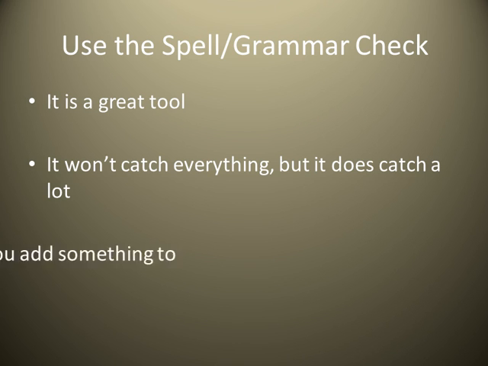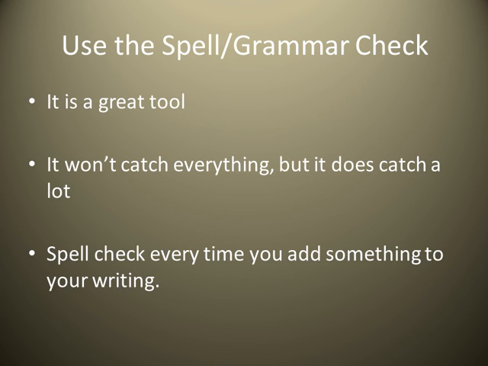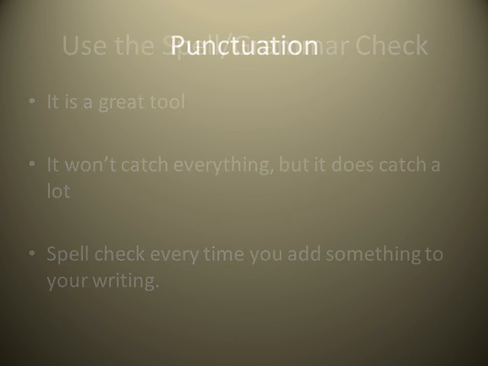You're definitely going to want to do that. You want to spell check every time you add something new to your writing. So if you're adding an extra paragraph, just run it. It won't take that long, and the effort and time that you put into running a spell check is definitely worth it to make sure that you don't miss anything that's really obvious or that would be caught by this wonderful tool that we have.